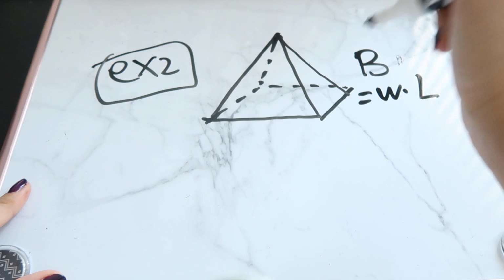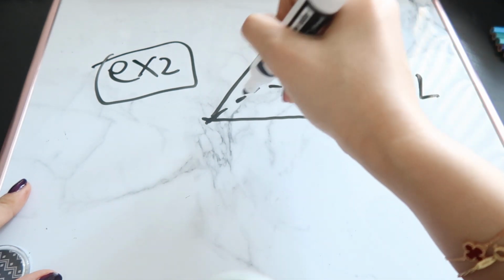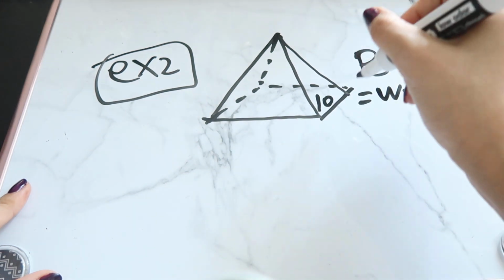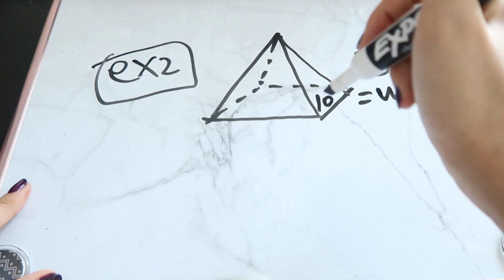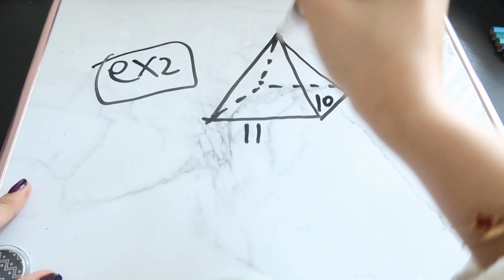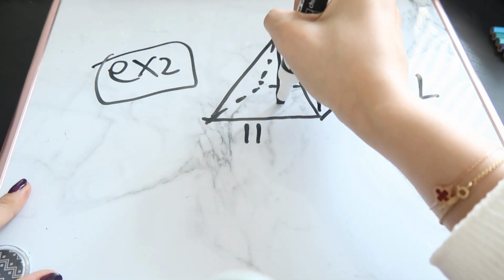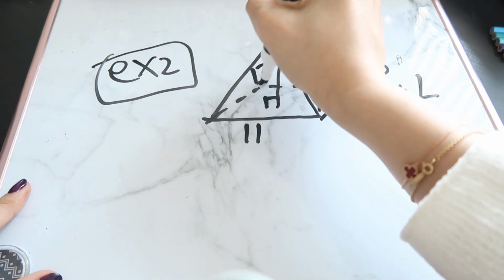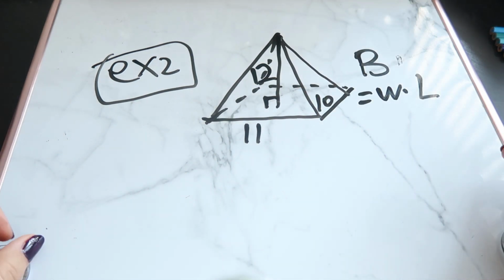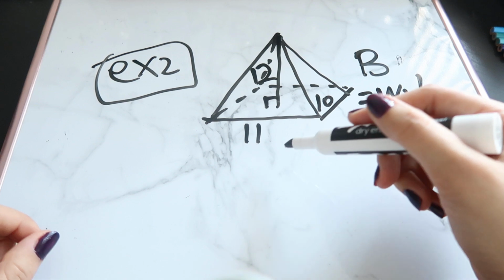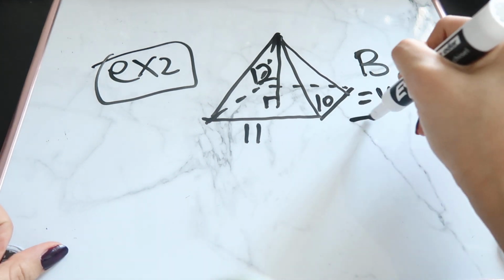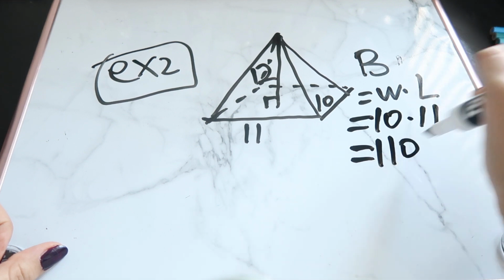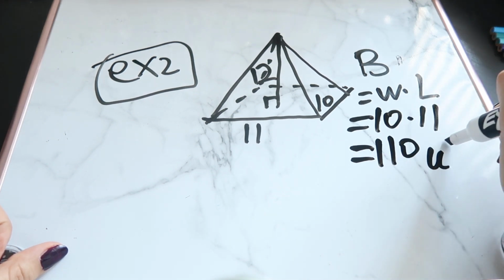Here, the width is 10, and then this will be 11, and the height is 12. So again, we start by finding the area of the base. It's 10 times 11, which is 110 unit squared.